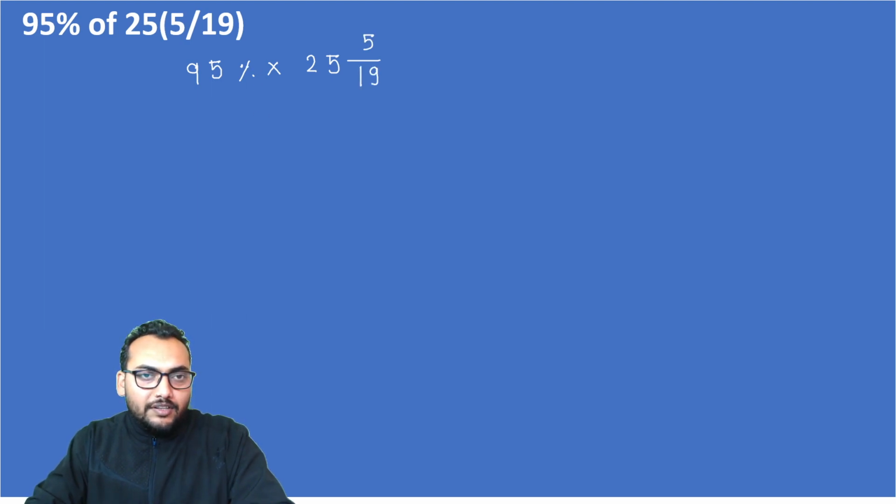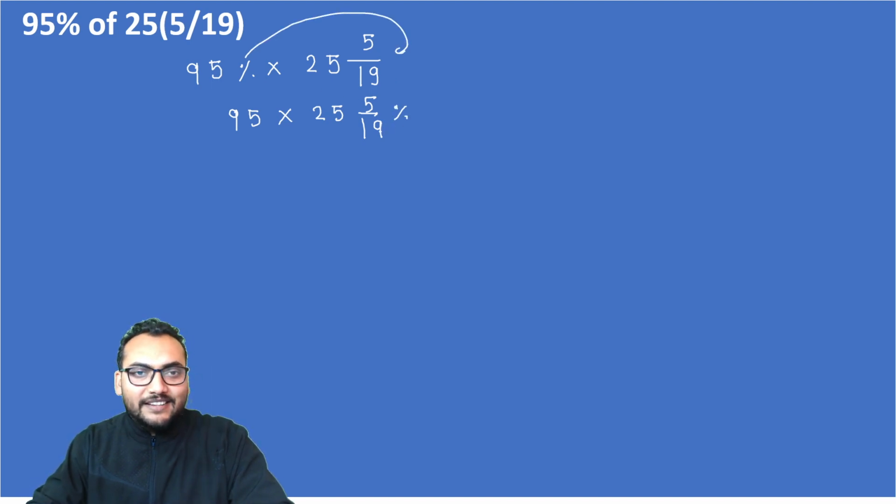Can I shift this percentage? Yes, definitely we can. So I can write it as 95 multiplied by 25 whole 5 by 19%. I can shift the percentage here, so that is why I'm writing it like this.